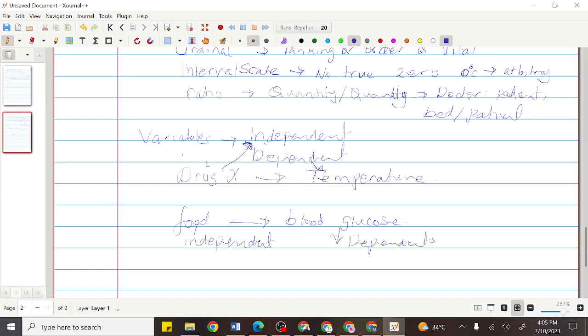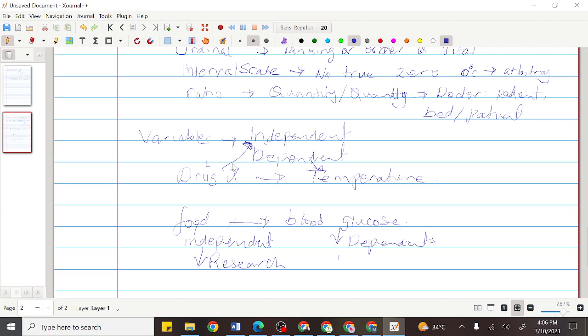In other words, what the researcher manipulates is the independent variable, and then the effect of the variation in the independent variable affects the dependent variable. Okay, so that is very, very important for you to note.